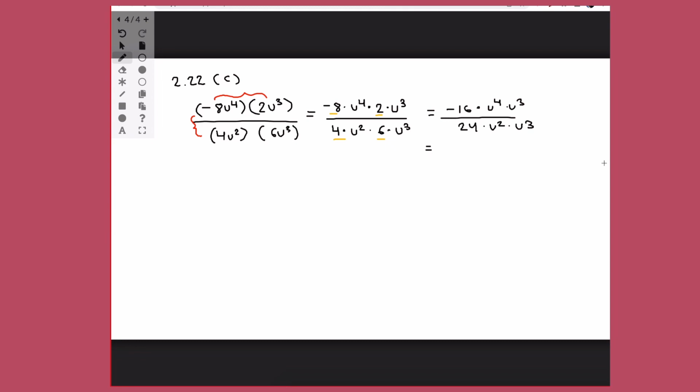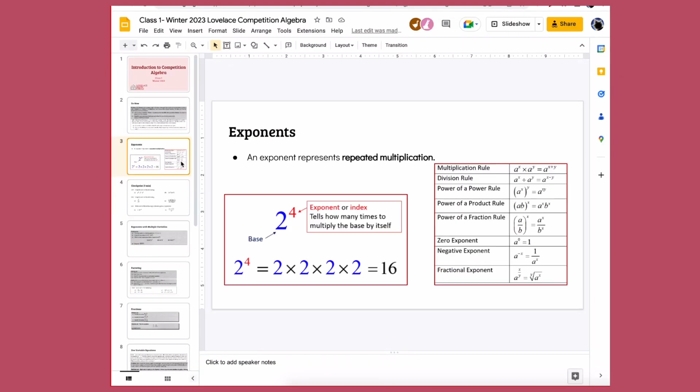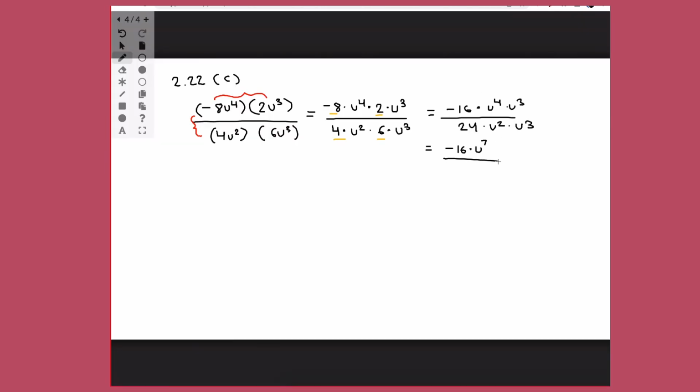Then we know that u to the 4th times u cubed is equal to u to the 7th, by our exponent rule. And similarly, u squared times u cubed is equal to u to the 5th.